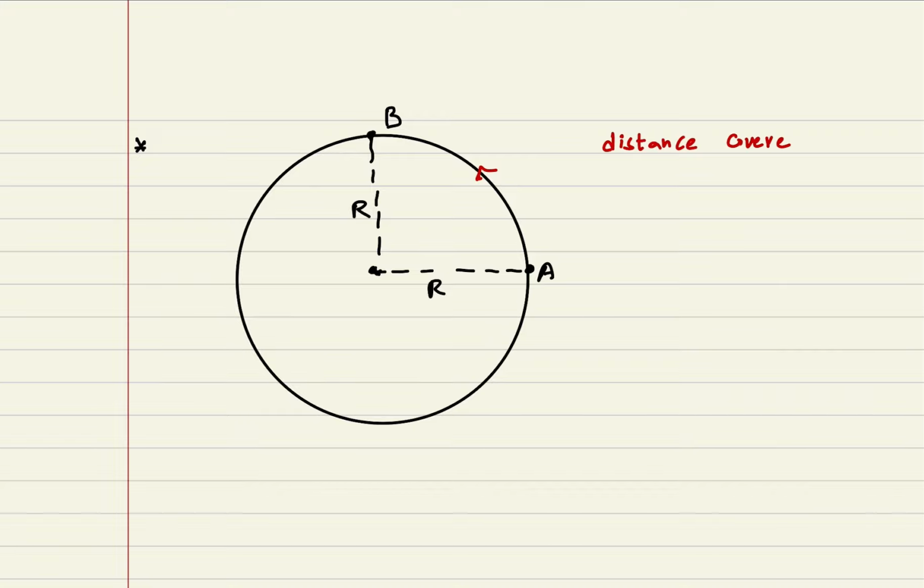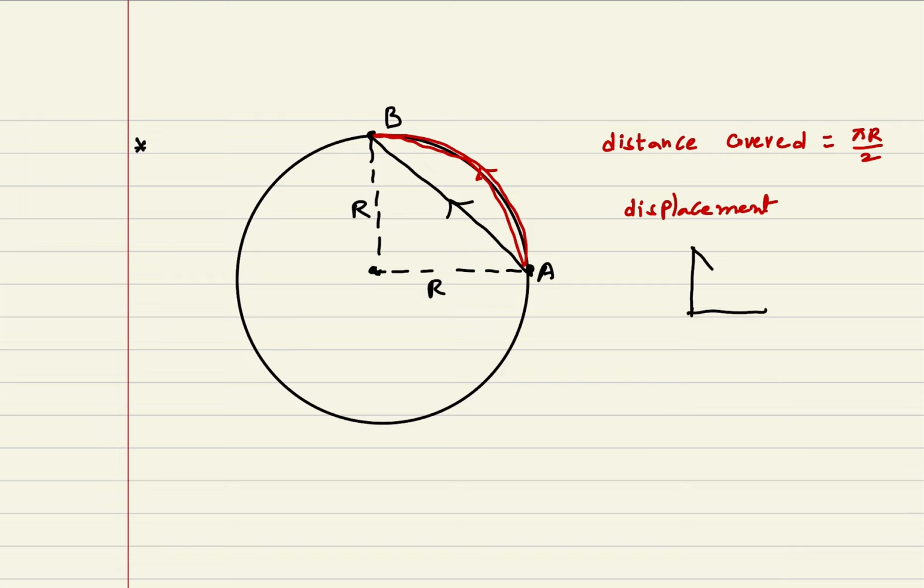Distance covered is 1/4 of the circle length, which we can write as pi r divided by 2. Displacement is the shortest distance between the initial and final position. We can see that it forms a right angle triangle, so with r and r we can write root 2 r as the displacement.